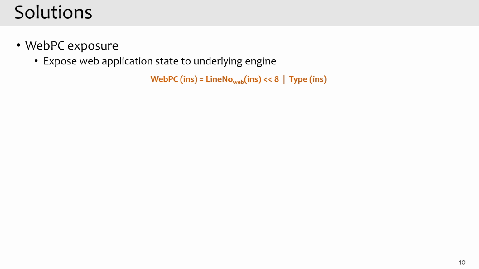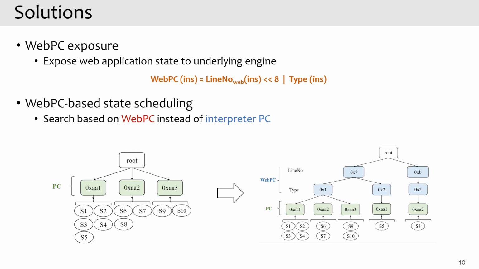We define the web PC value for a particular instruction as the following. It is composed of the line number of the instruction together with the type of the instruction. Given the web PC value, the underlying symbolic execution engine will schedule the search algorithm according to the web PC value instead of the interpreter PC value.